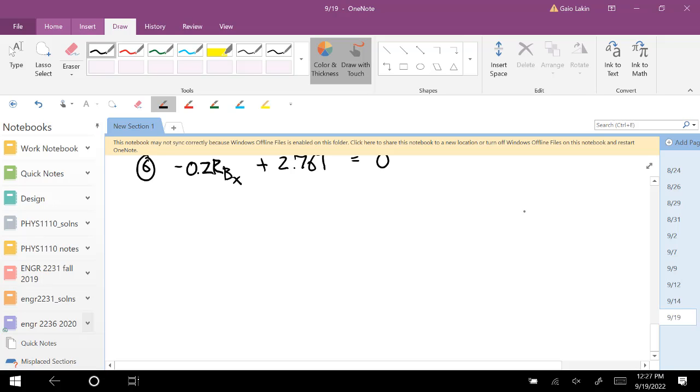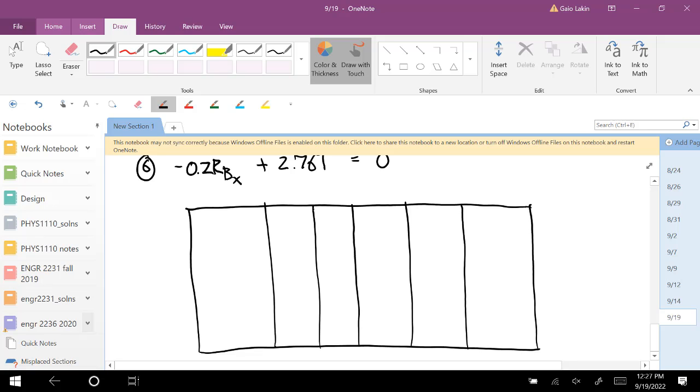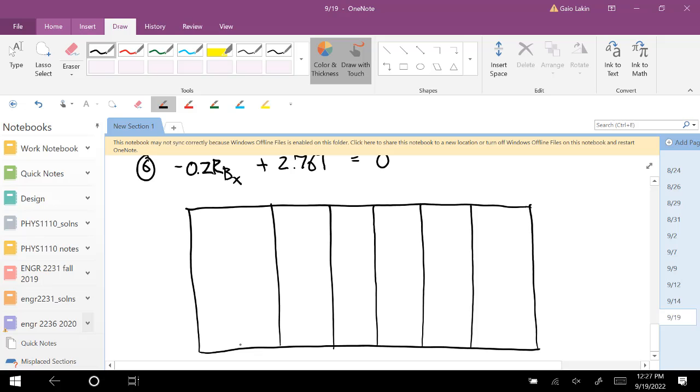So now let's write out the augmented matrix. We need 7 columns and not 6, and 6 equations.